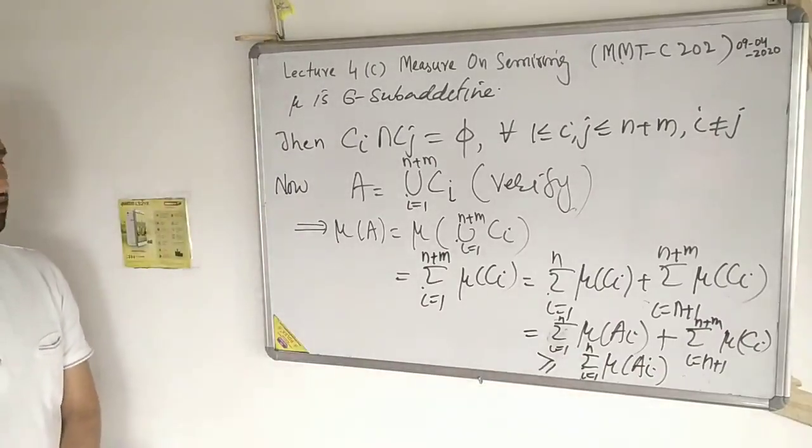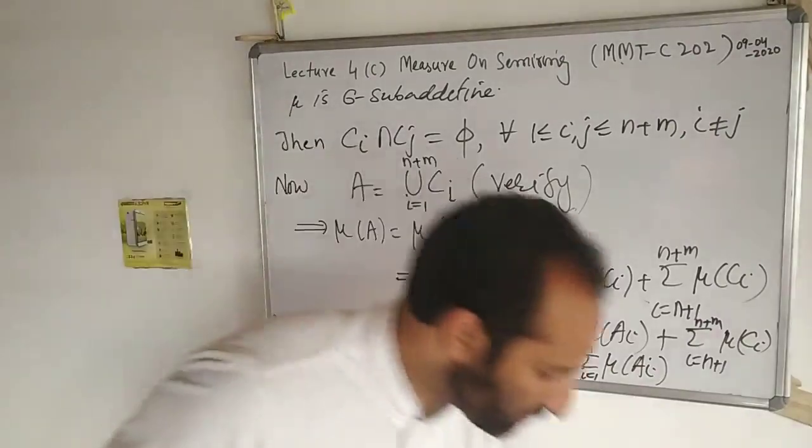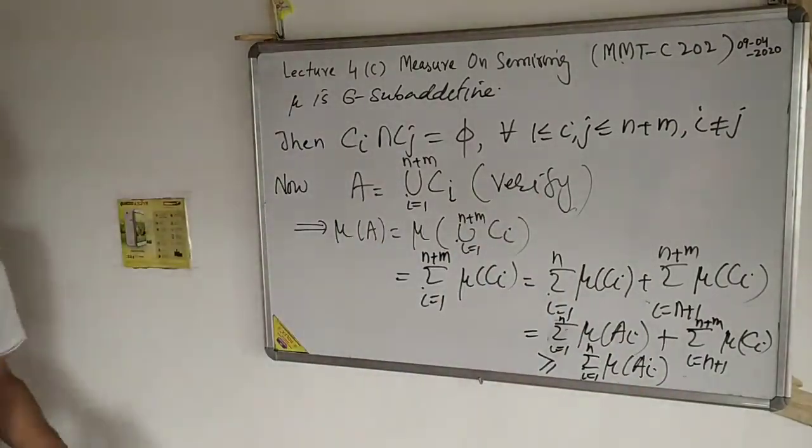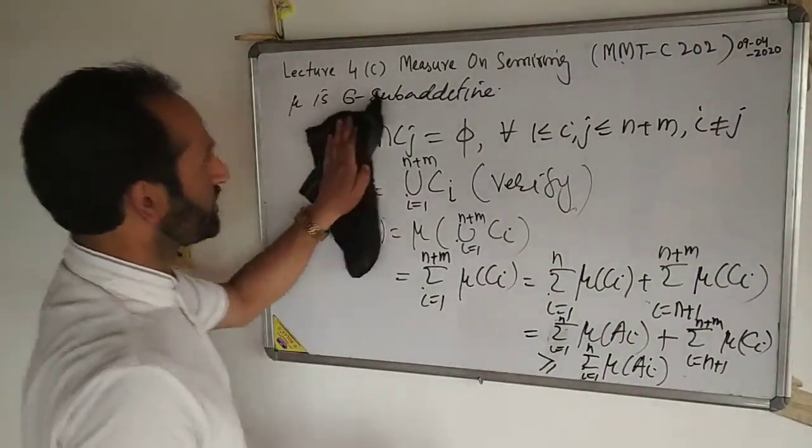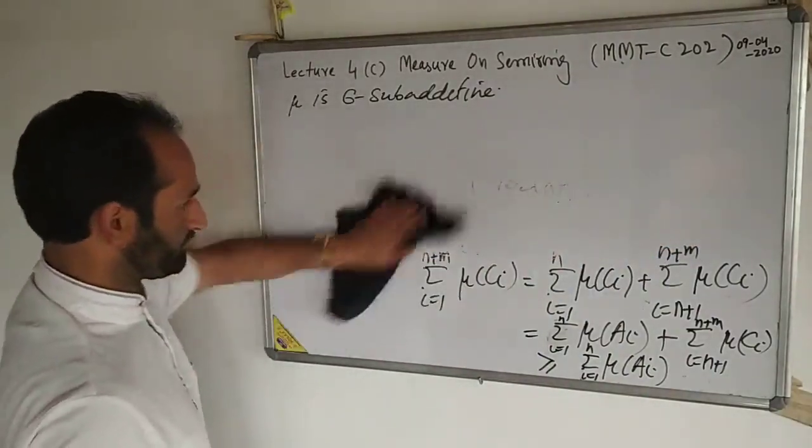Now we prove the third part of this result. The third part means we have to prove that this mu is sigma sub additive.